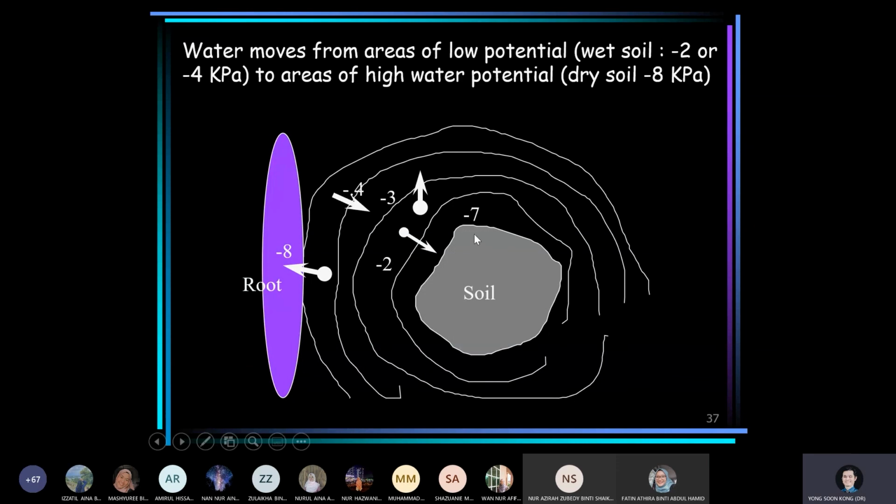What about soil? Quite strange, eh? Soil is also very dry, minus 70, minus 7 in terms of water potential. Why is that so? You have to remember in soil, it's not just soil, because microorganisms might colonize this soil. And for your information, some of these microorganisms might also absorb water for various reasons.